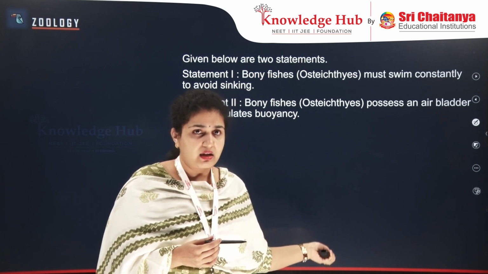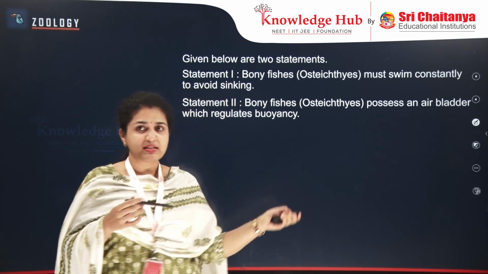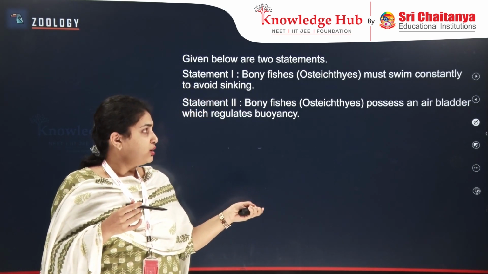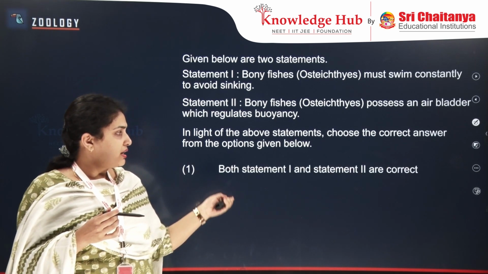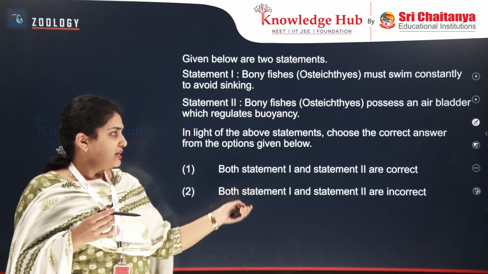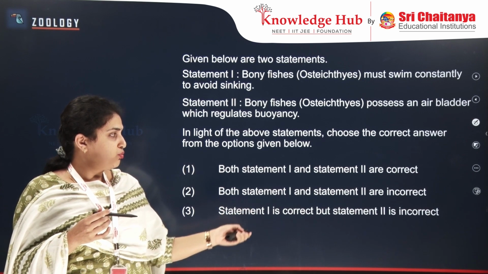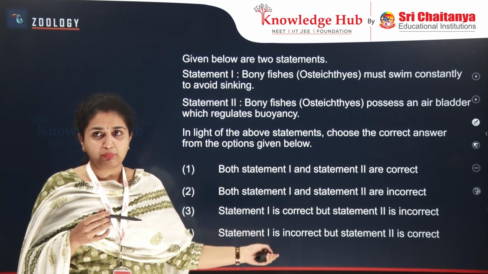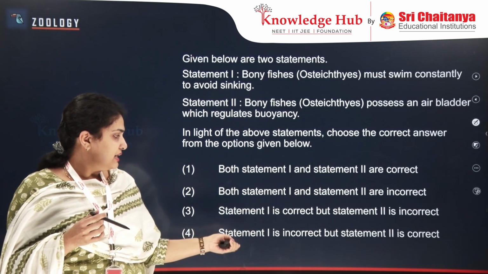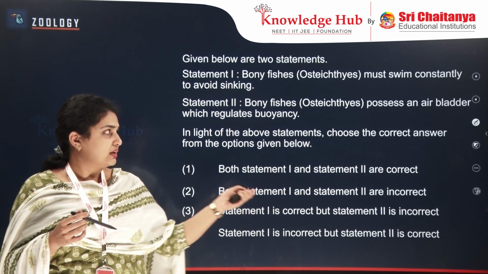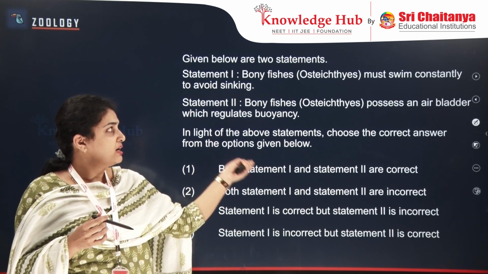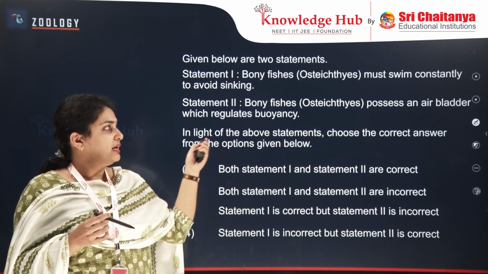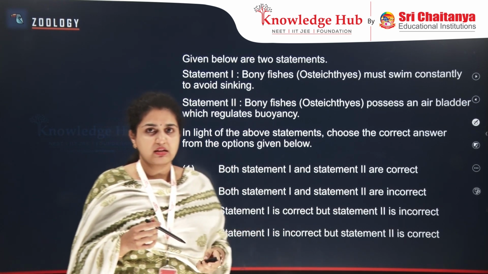This is correct. The options are: statements 1 and 2 both correct, both incorrect, 1 correct and 2 incorrect, or 1 incorrect but 2 correct. So here statement 1 is incorrect and statement 2 is correct.